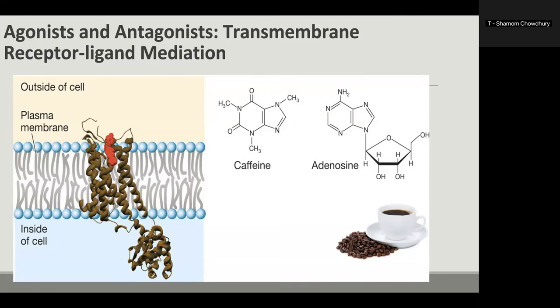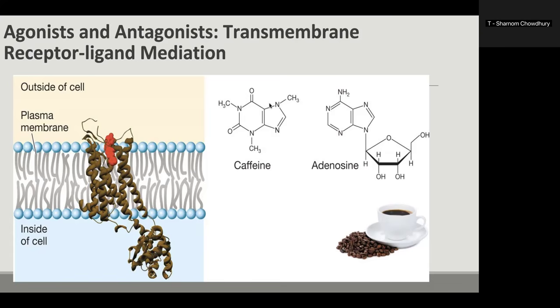Caffeine and adenosine is a great example of an antagonist. Caffeine is a natural antagonist of adenosine. Adenosine typically binds to a receptor, and adenosine is responsible for sleep promoting properties. So adenosine causes you to fall asleep. However, caffeine blocks the binding of adenosine to its receptors. So caffeine is an antagonist.